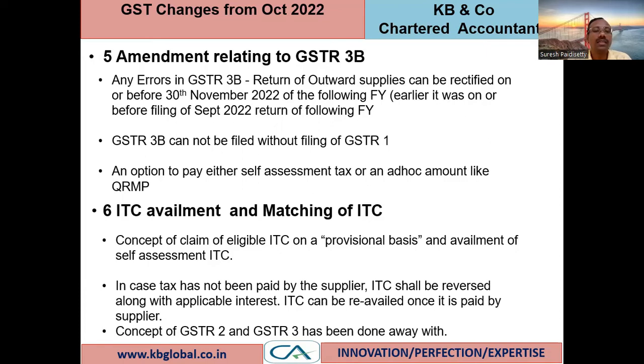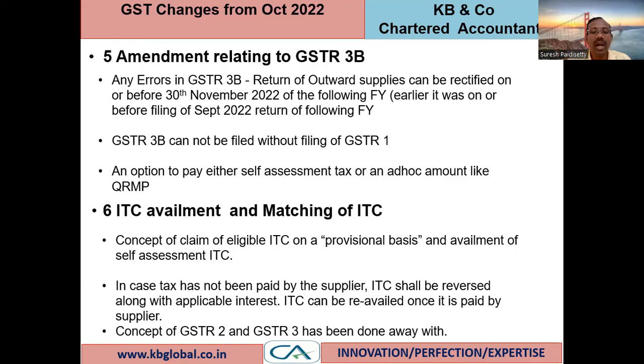Coming to the sixth point, ITC availment and matching of ITC. Concept of claim of eligible ITC on a provisional basis and availment of self-assessment ITC. They brought in this concept, and in case tax has not been paid by the supplier, ITC shall be reversed along with applicable interest. ITC can be re-availed once it is paid by the supplier.